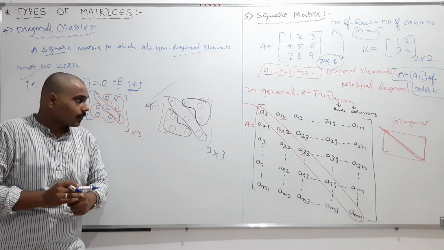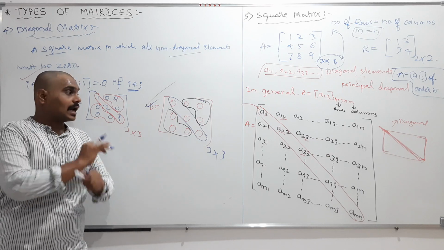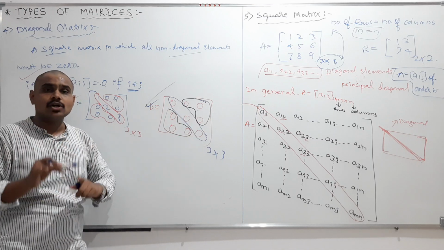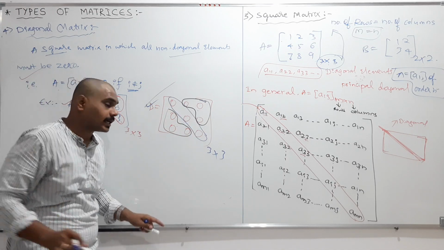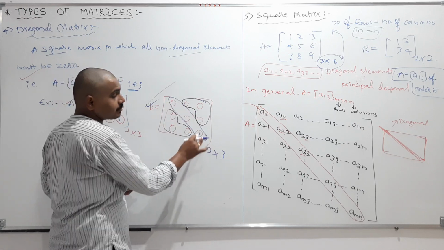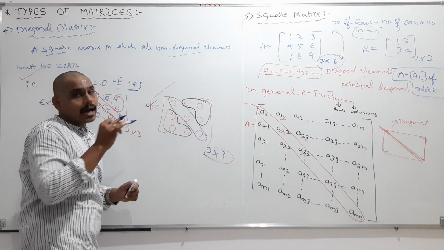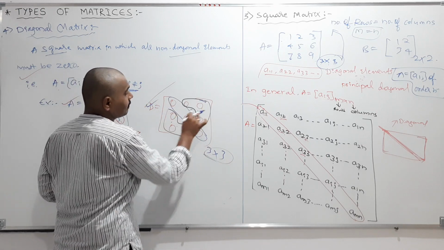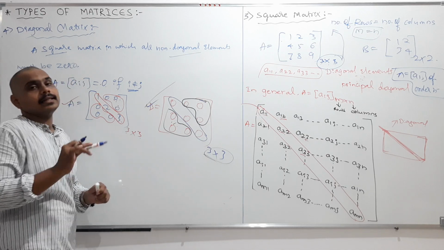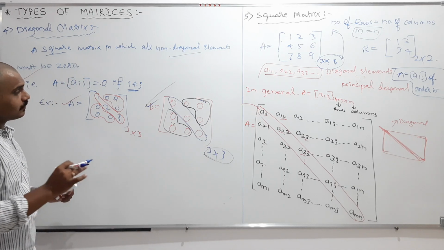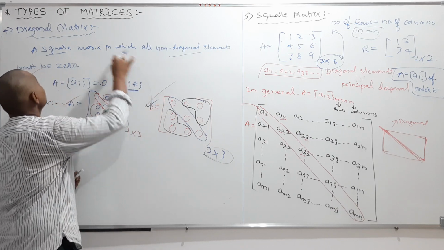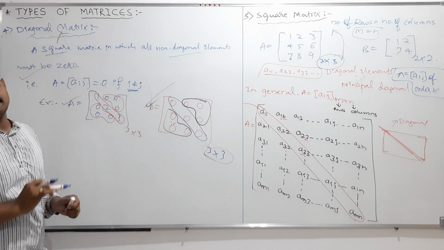I never said anything about whether the diagonal elements are 0 or not. I am not worrying about that. My condition is only that a matrix must be the square matrix and the non-diagonal elements must be 0. If these two conditions are satisfied, that's enough for me, and then I can conclude that yes, the given matrix is a diagonal matrix.